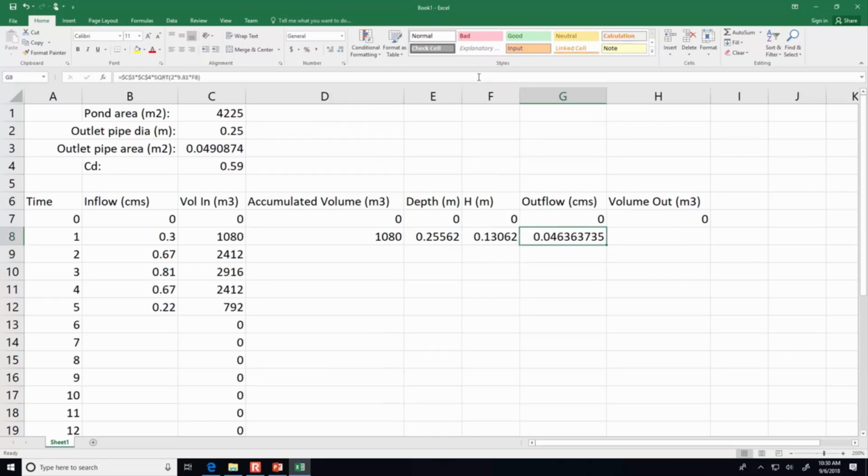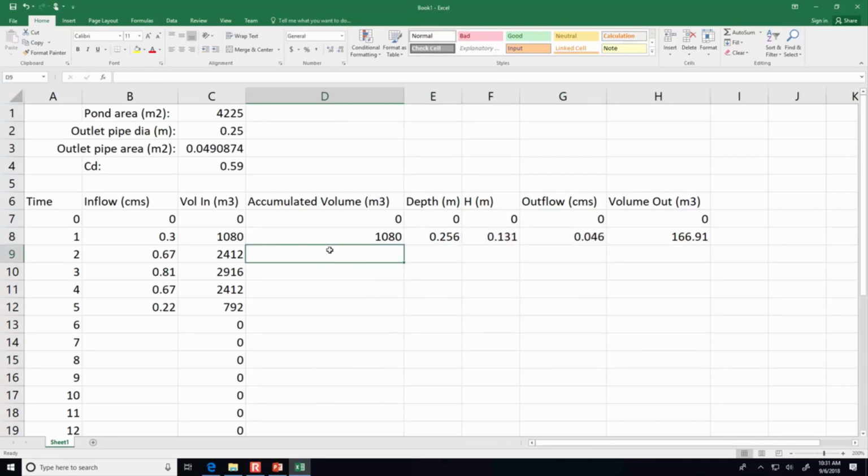So we've translated this orifice equation, C sub D, area of the pipe, square root of 2GH. That's our outflow. If that's the flow rate out, then the volume out is the flow rate out times 3,600. I'm going to reduce the number of digits that are shown to something slightly less ridiculous.